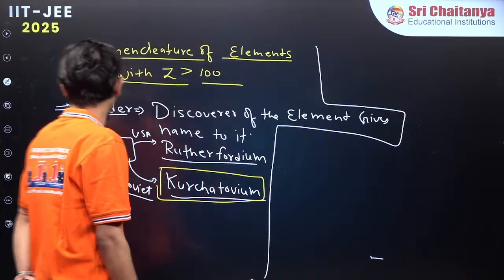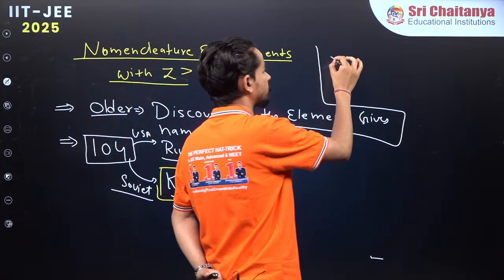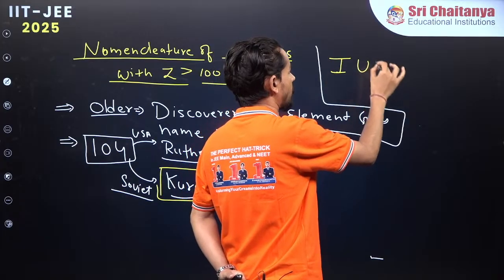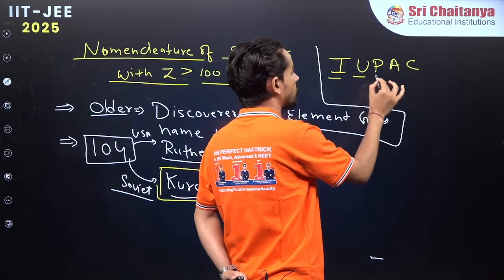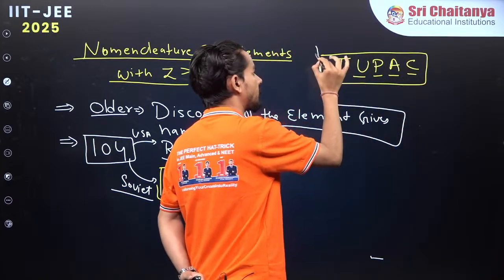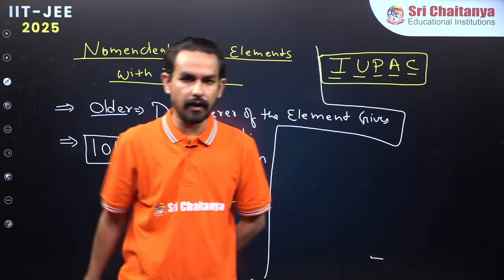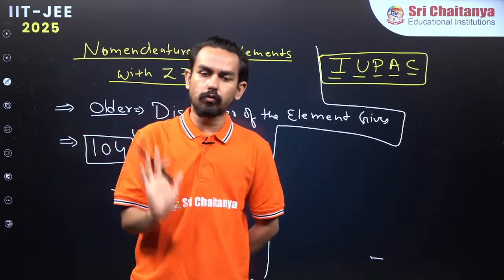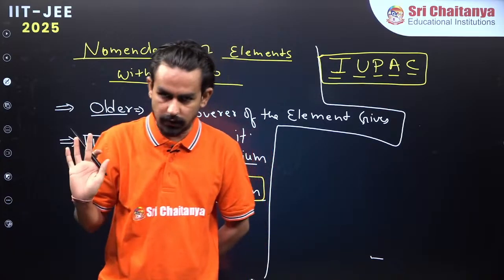Then what happened is that chemistry is governed by a council known as IUPAC, the International Union of Pure and Applied Chemistry. This is a group of scientists responsible for naming and sign conventions in chemistry. Their job is to define the naming, the sign conventions and the standards in chemistry.